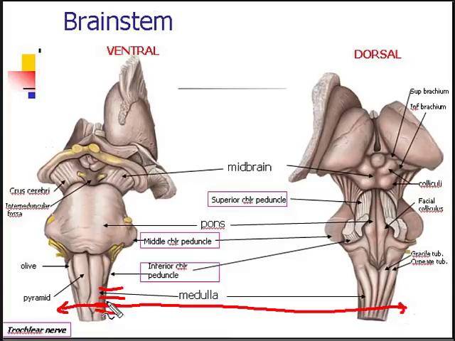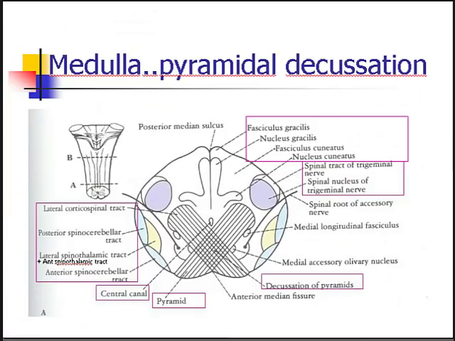Another thing you must remember is that unlike the spinal nerves, which had both sensory and motor fibers, the cranial nerves do not always have mixed fibers. The 12th is one of them which is considered totally motor. So you see cells present here which give rise to the 12th cranial nerve.